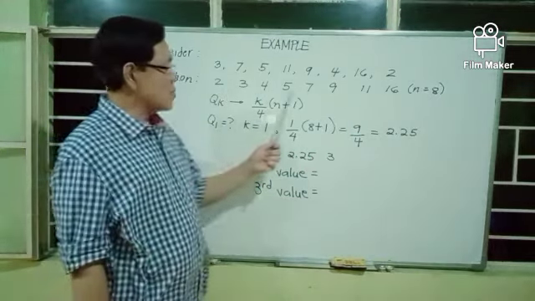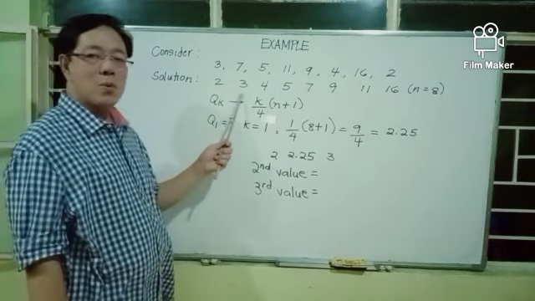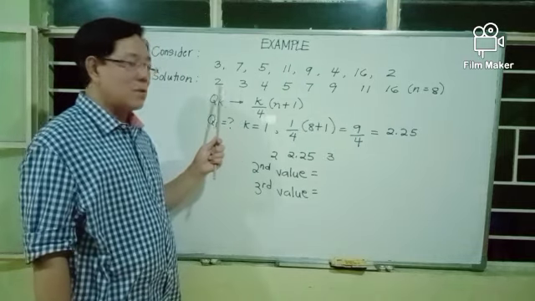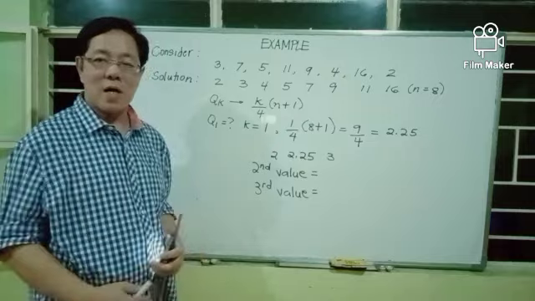From this arrangement, the second value is 3. 3 is the second value in this arranged order of measurements.